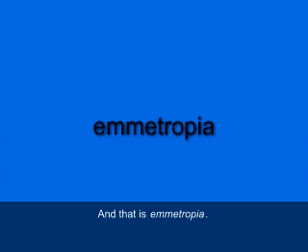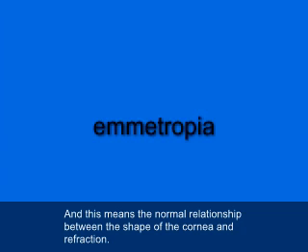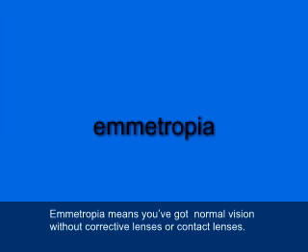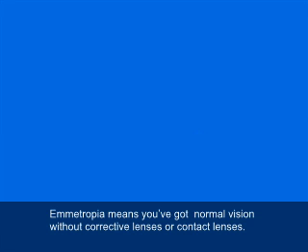Now, first of all, we do have a term that we use to describe normal refraction, and that's emmetropia, EMMETROPIA. And this means the normal relationship between the shape of the cornea and refraction. Emmetropia means you've got normal vision without corrective lenses or contact lenses.